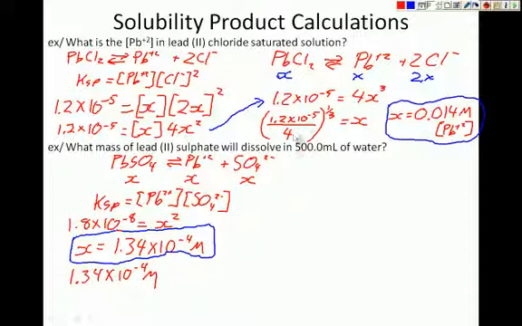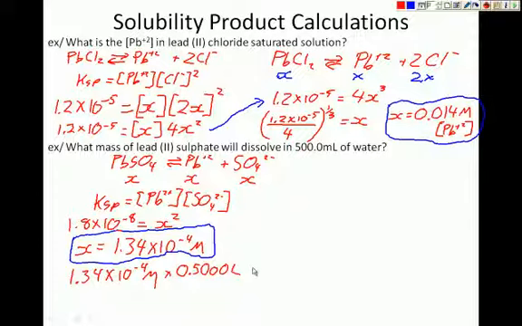If I multiply by our volume, then this will be the amount of moles of lead 2 sulfate. Since this is moles per liter, I'm going to multiply by liters, which happens to be 0.5 liters, a half a liter. After I do this calculation, this times this is moles of lead 2 sulfate. Now I'm going to multiply by the molar mass in order to get the amount of grams of lead 2 sulfate.